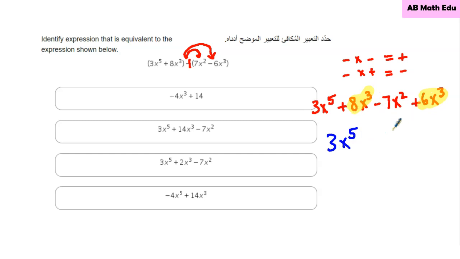So 8 plus 6 is 14, 14x cubed, and then this one, negative 7x squared. When we remove and simplify, this is the equivalent. So you look at your answers and you can see that it matches up to this one here.